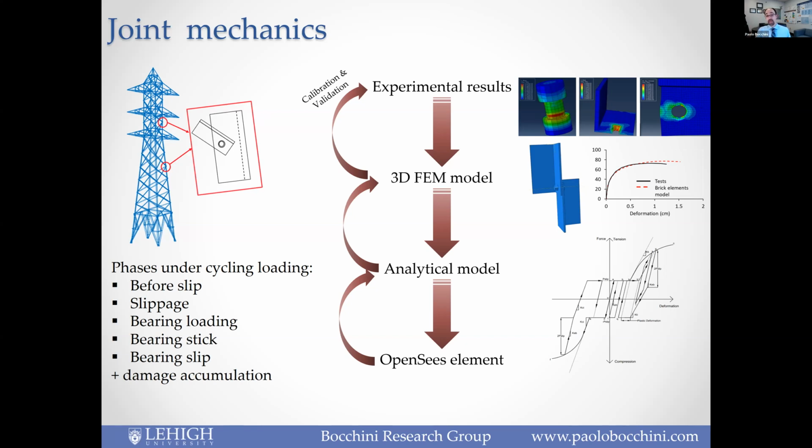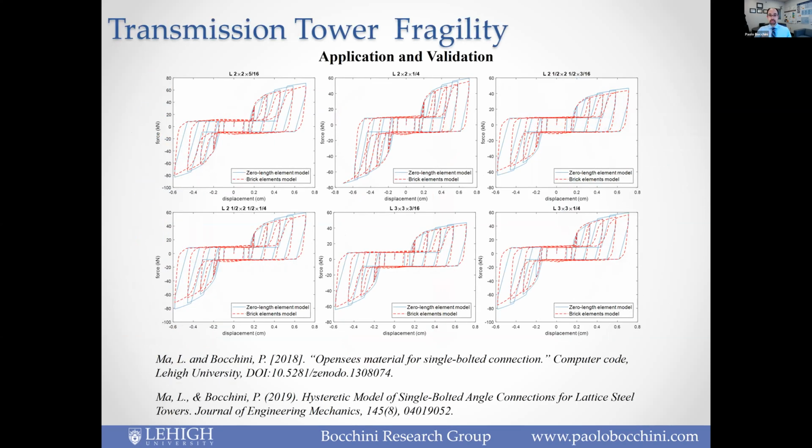But the outcome is that now we have an extremely efficient element that can model these types of joints in an OpenSees model. These are just some examples that show the comparison between our OpenSees element and the full-scale, high-resolution Abaqus model. And you see that it's doing pretty well. And as I said, the code is public.